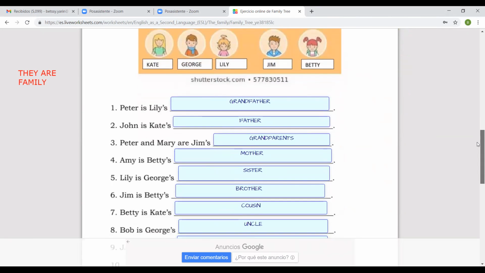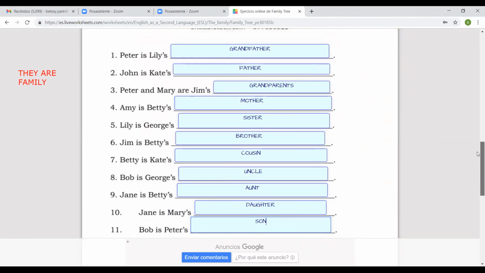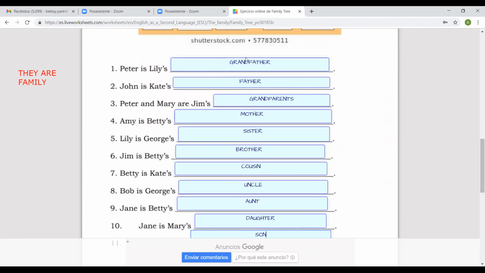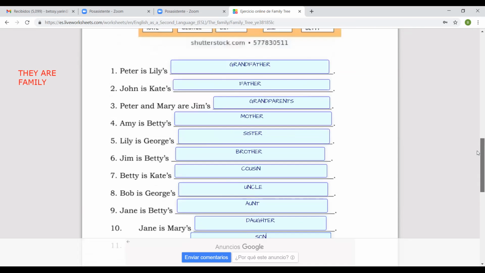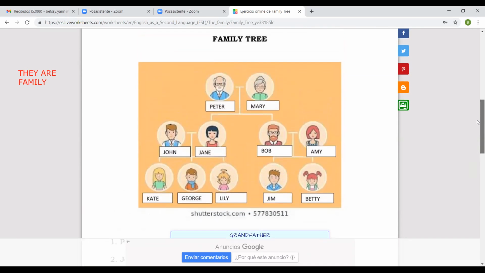Me van a hacer las mismas oraciones, okay? Not the same, but obviously the names are going to change, ¿no? Los nombres se supone que van a cambiar, okay? And then you have to use that vocabulary: grandfather, father, grandparents, mother, okay? Very good. So I suppose that you understand me.